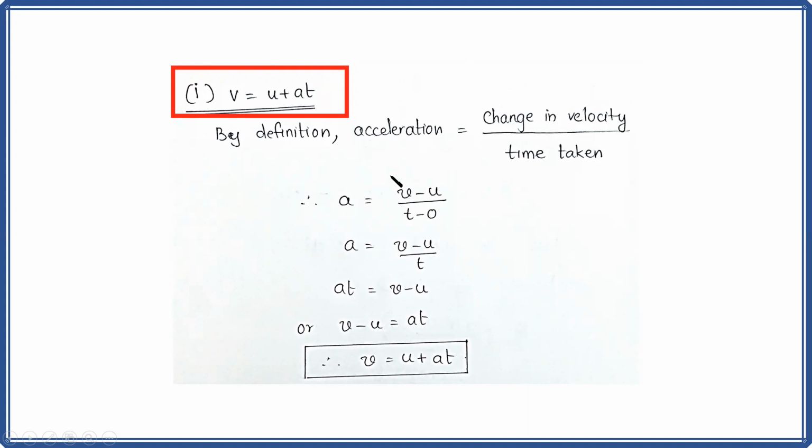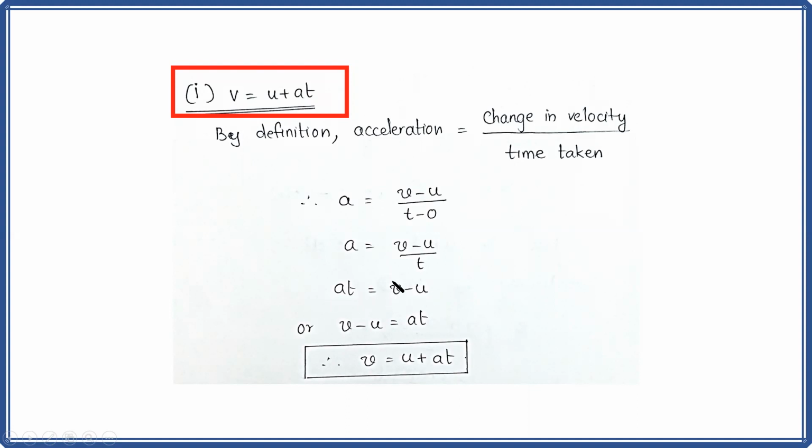We know final velocity is v, initial velocity is u. After traveling, the time is t. Initially, time was 0. So acceleration a is equal to change in velocity, final velocity minus initial velocity, divided by time, that is t minus 0. Therefore, a is equal to (v minus u) by t.